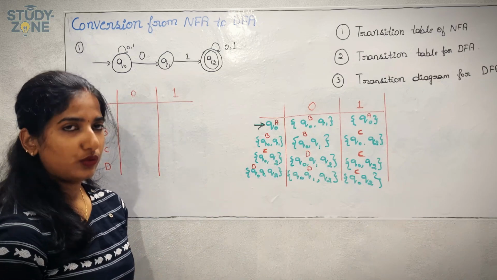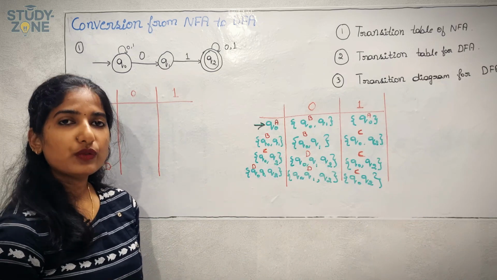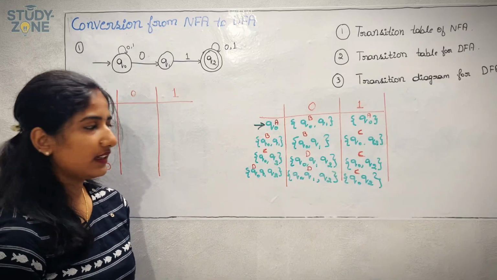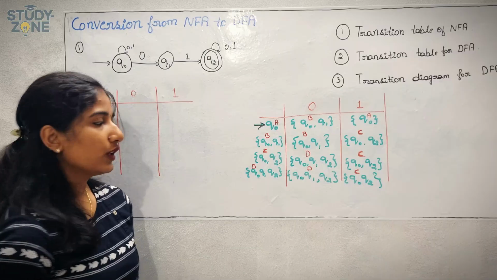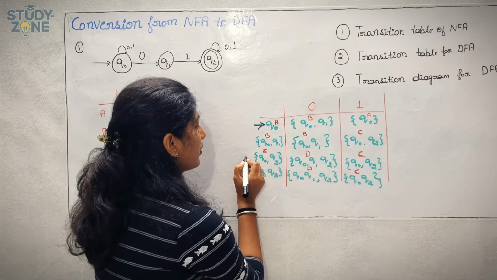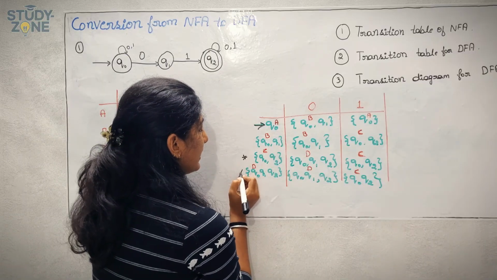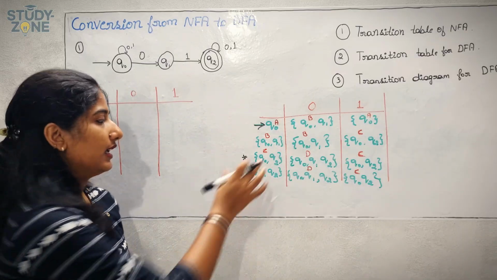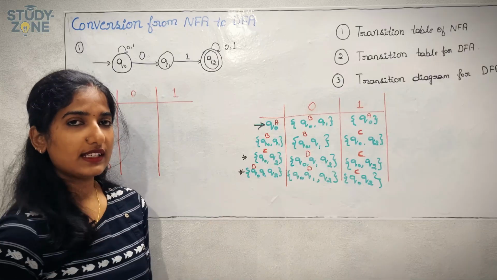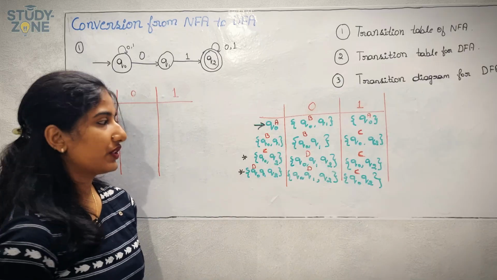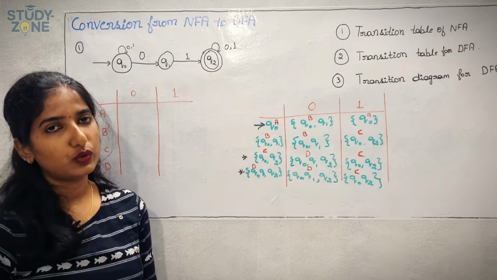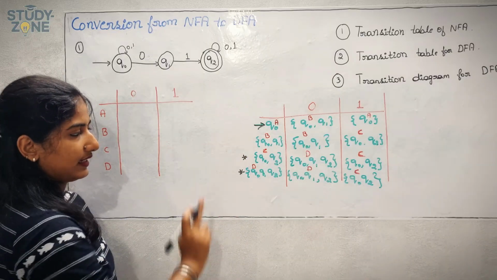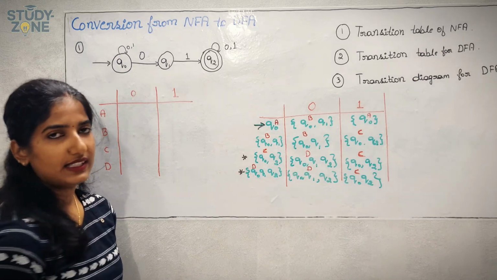So what we have to do here is, we have to take all these sets which have the Q2 state as final states. The set or the combination of states will be the final state, whichever has Q2. Okay, so this is how we write the starting state and final state. Both of these are final states.